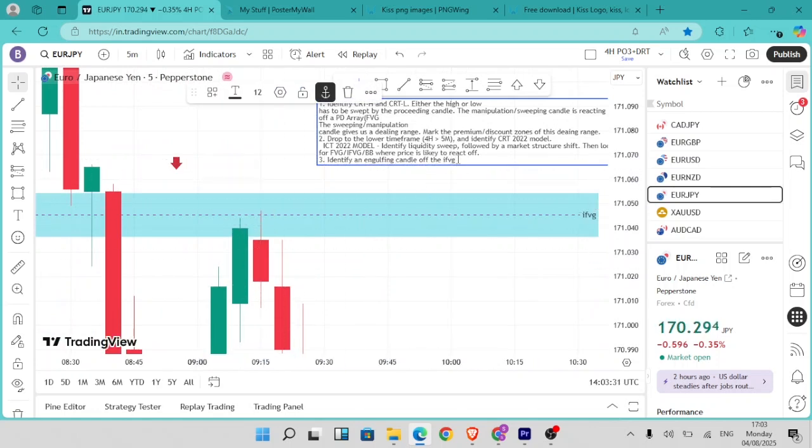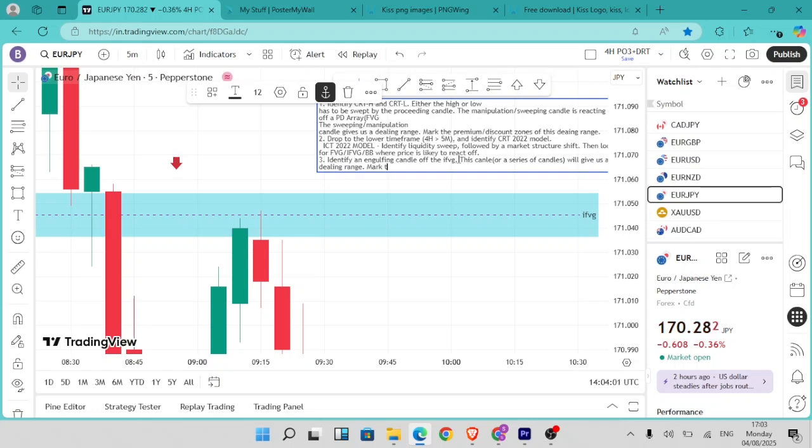So these candles, or this engulfing candle, this candle, or a series of candles that we combine into one engulfing candle, will give us a dealing range.